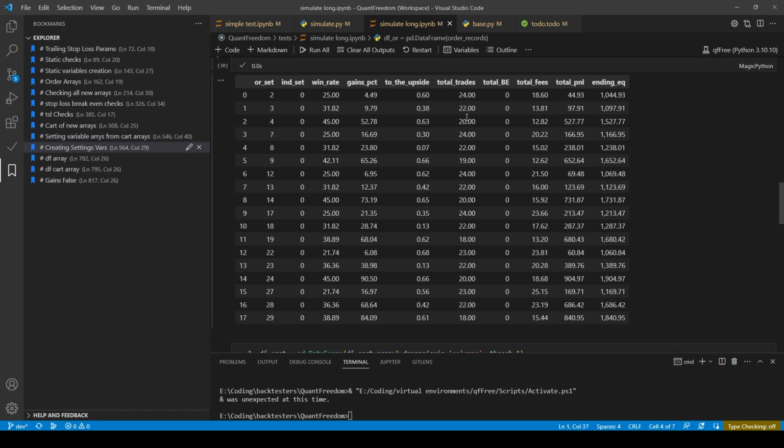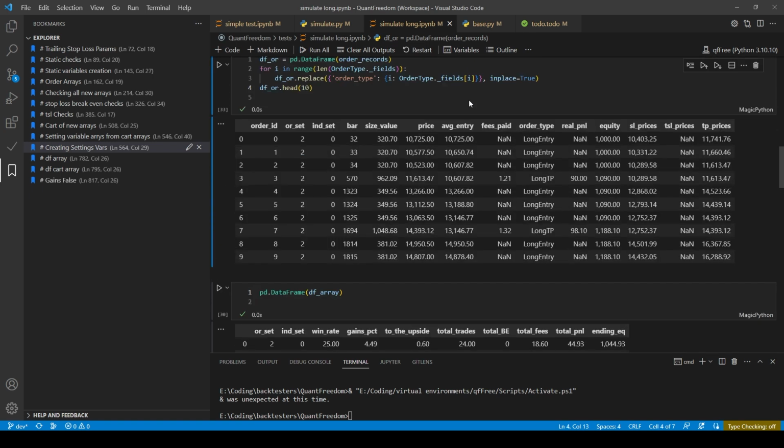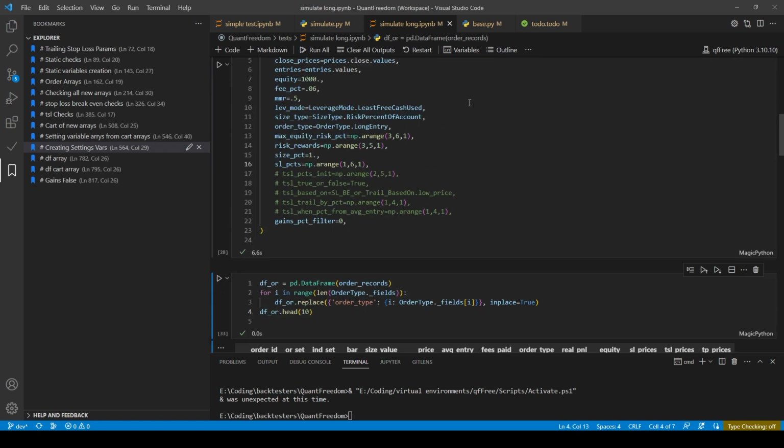How is it those other ones have more trades? How is it that this creates more trades? It doesn't make any sense.